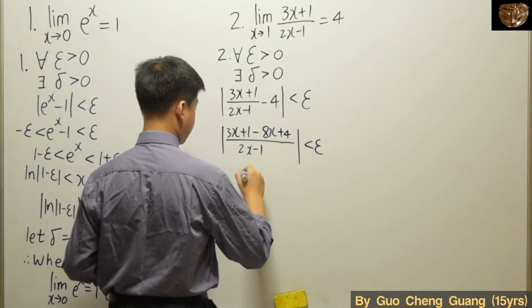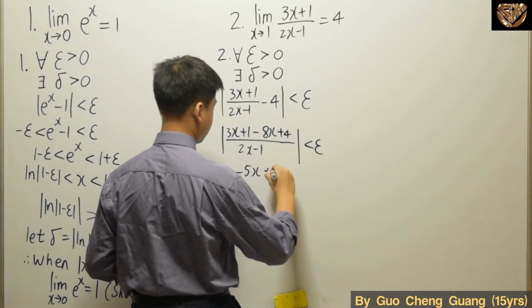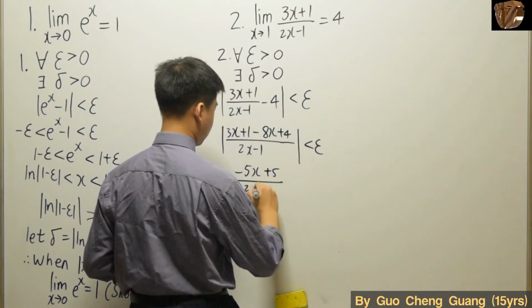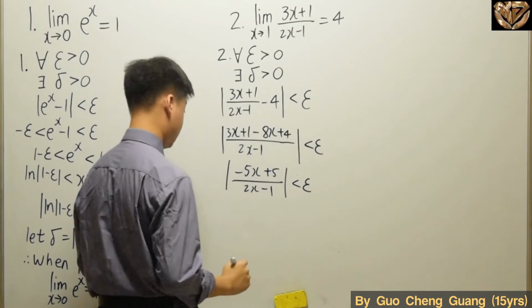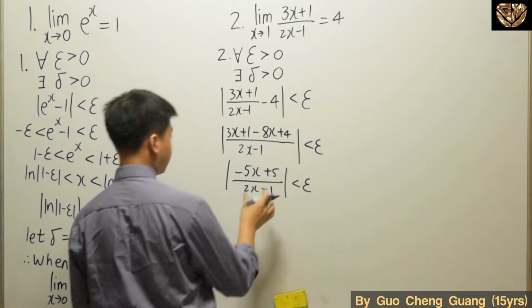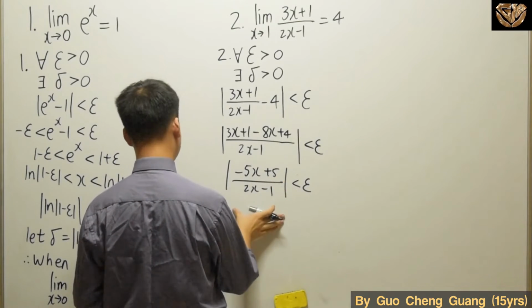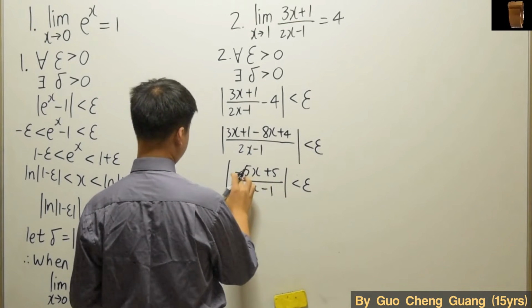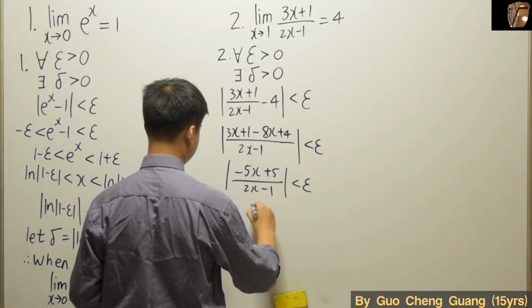So you would be seeing |(-5x + 5)/(2x - 1)|, like this, alright? So how about we divide the 5 onto the other side? Also, since this is a modulus, that means you can change negative x plus 1 into x minus 1, since you have the modulus.